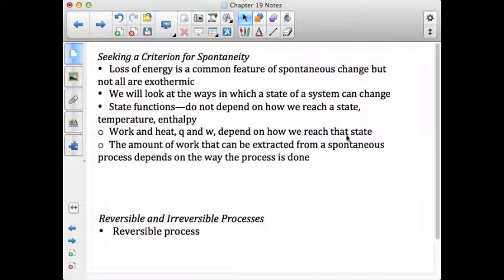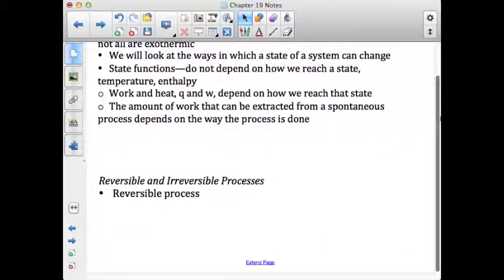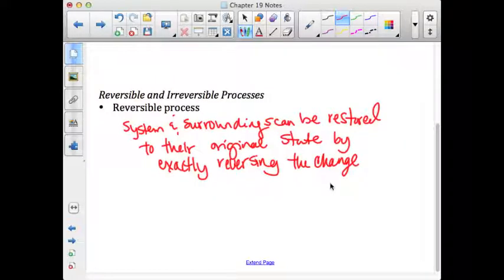Now we're looking at reversible and irreversible processes. Something is reversible if I have a system where I can restore it to its original state once I make a change.